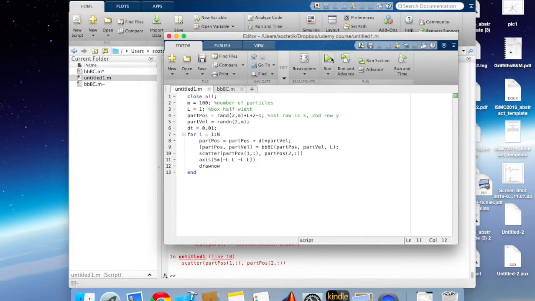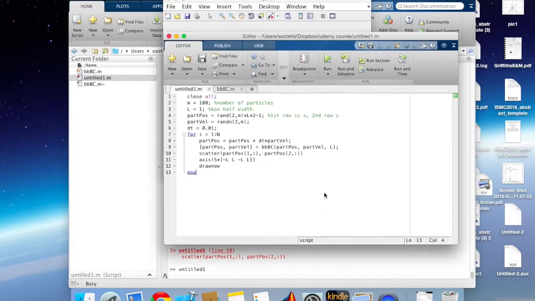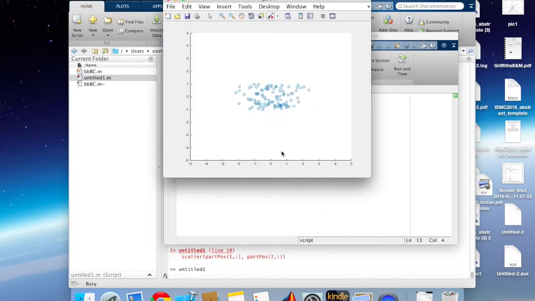Now let's run our simulation. I added some changes in here. Okay, now we can see they're contained in Y.